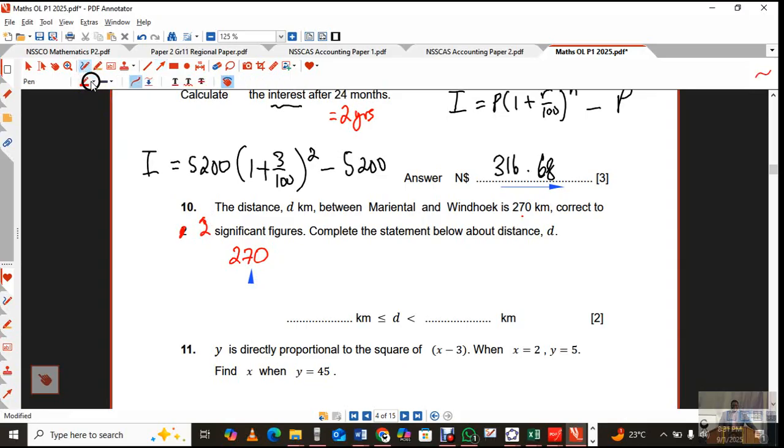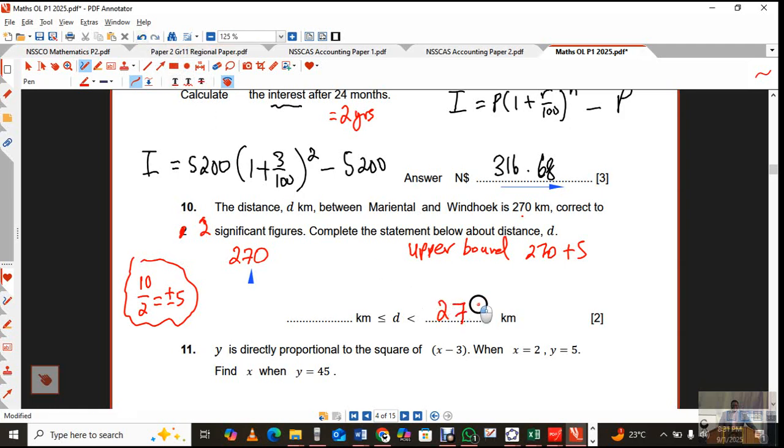So what you're going to do is say 10 will be divided by 2. I'll be adding and subtracting 5 to get my upper bound and my lower bound. So the upper bound is 270 add 5, which is 275. The big number always comes to the right side, remember that.